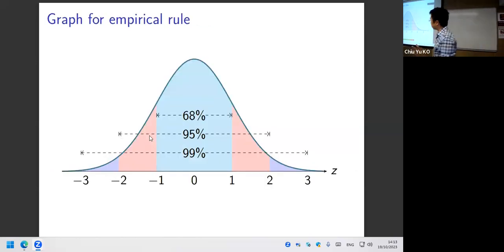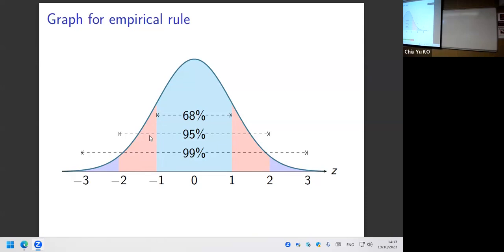Look at this graph: between negative 1 and 1 is 0.68, right? And 95% within 2 SD, and 99% within 3 SD. Why is this important? Because later we will do a lot of checking whether everything is within 2 SD. That will be the way we make decisions.